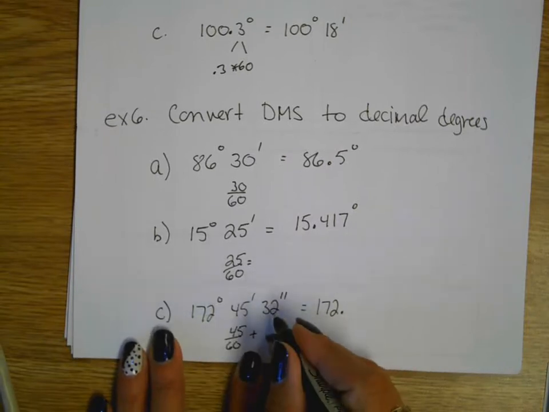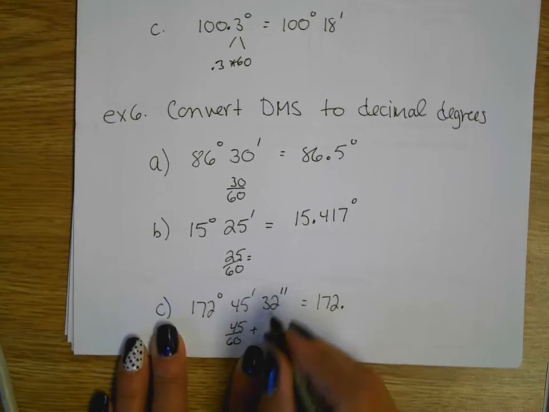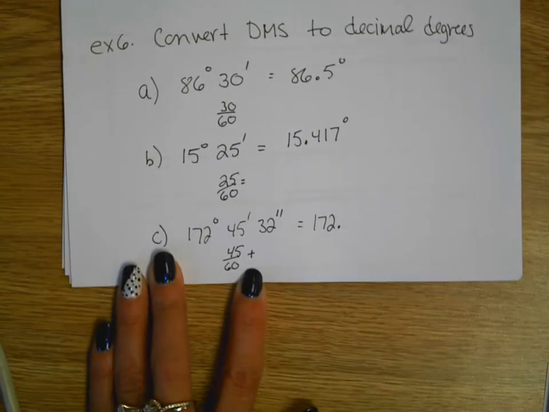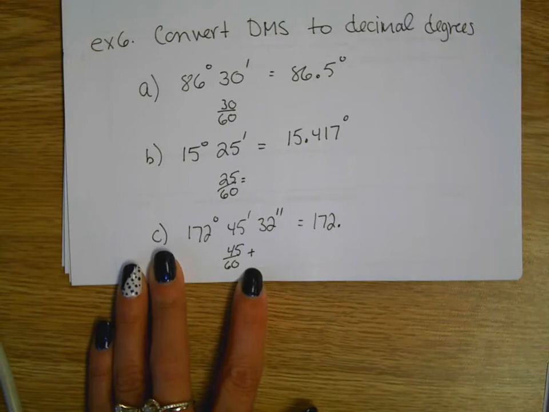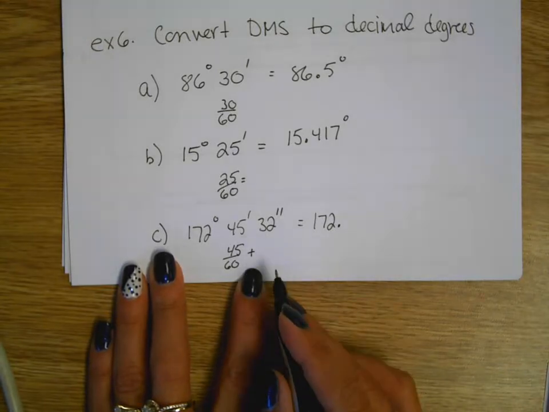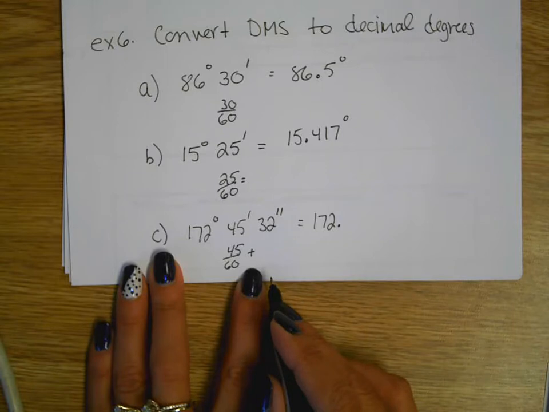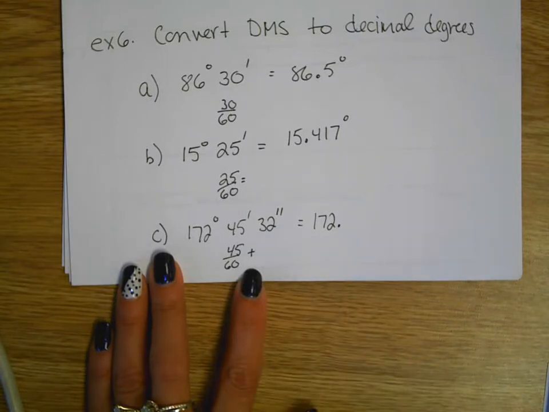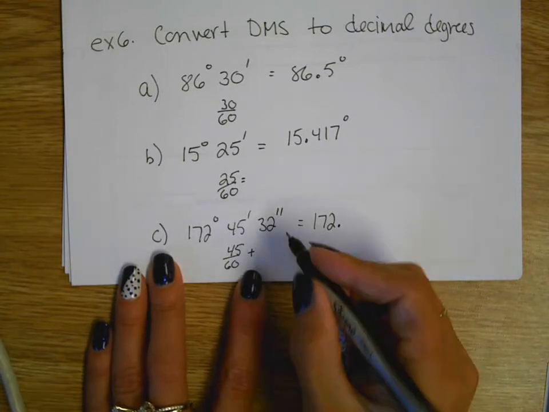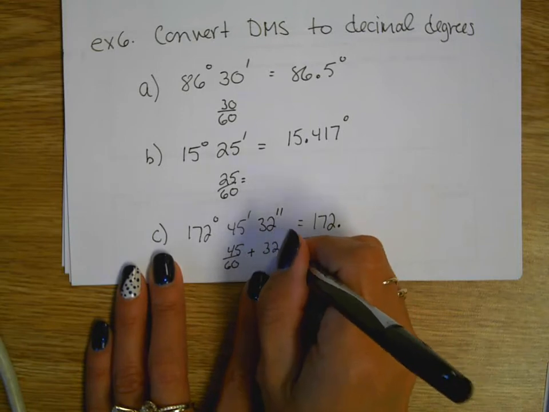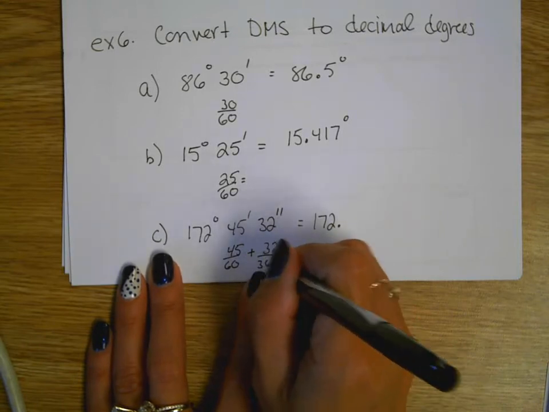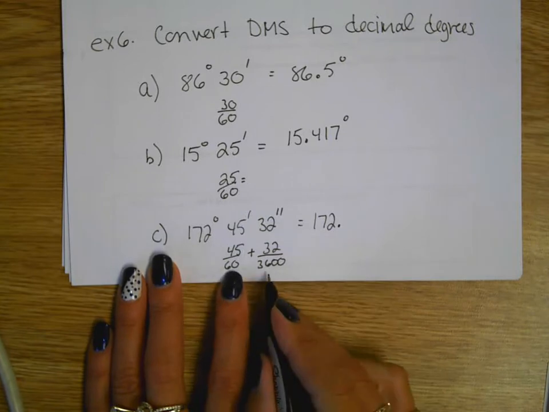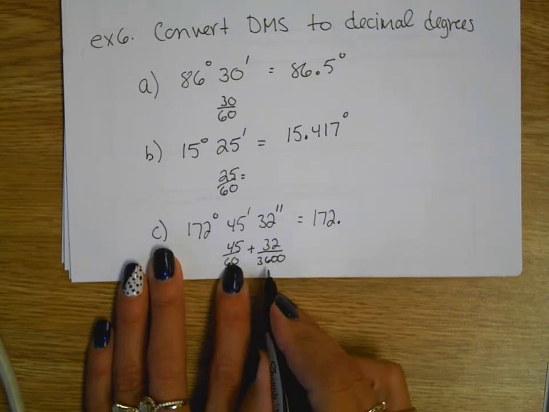But what about the 32 seconds? What part of a degree is that again? How many of those seconds did it take to make a full degree? Do you remember from the beginning? 3,600. So that's what you've got to do: take that 32, divide by 3,600, and then you're going to add those two decimals together.